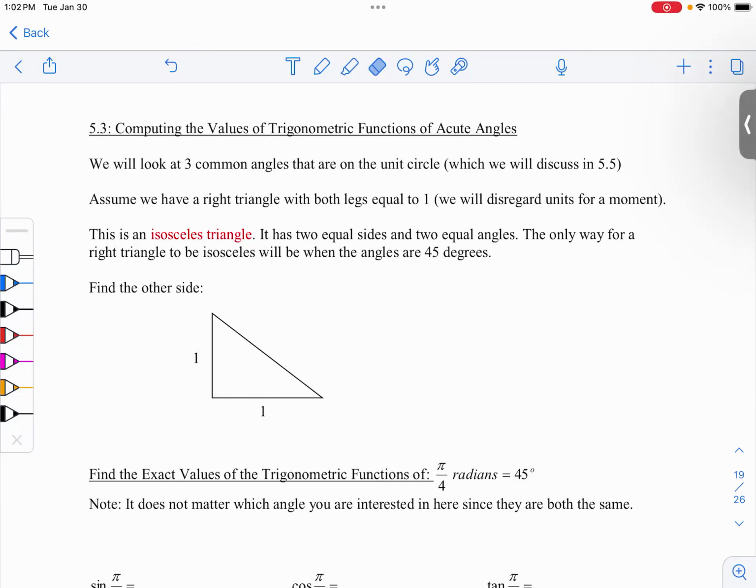Isosceles means 2 equal sides. When all sides are the same, what's that called? Equilateral triangle. And when all 3 sides are different, remember? Scalene.